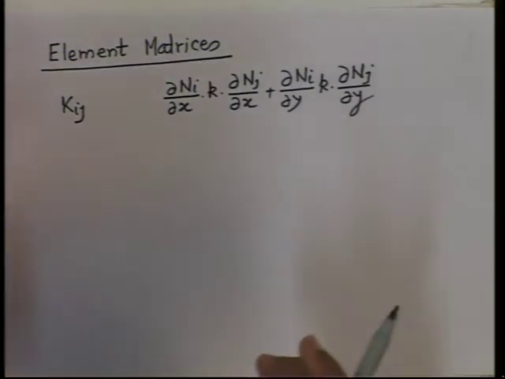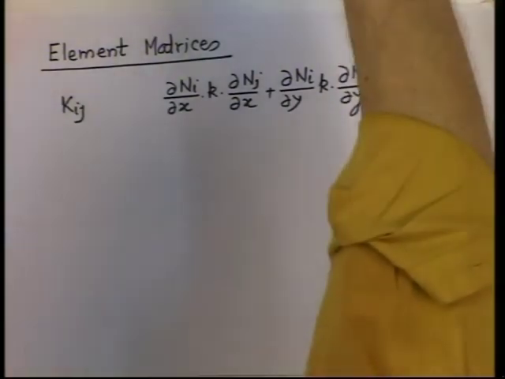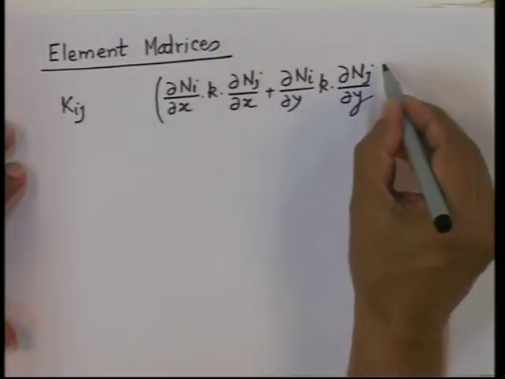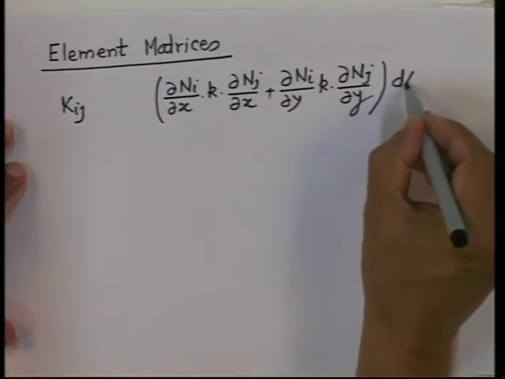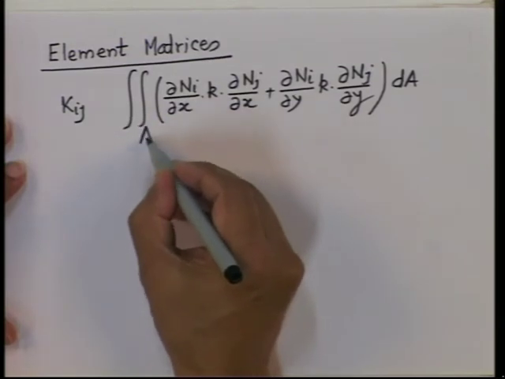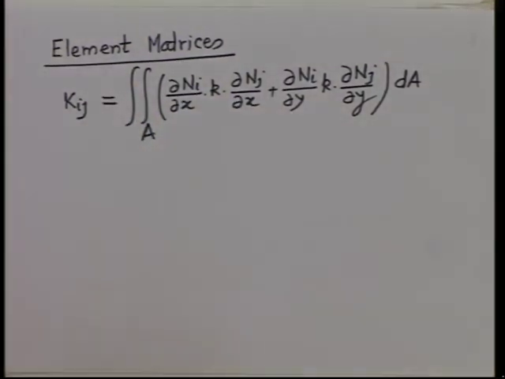Any area or something? What else? Integral dA, that is all. So, this integral dA is what gives k.